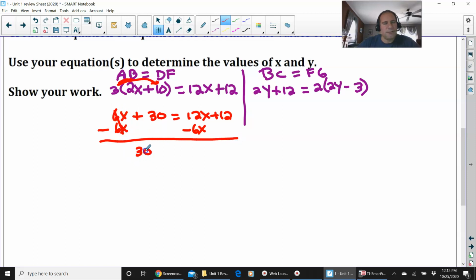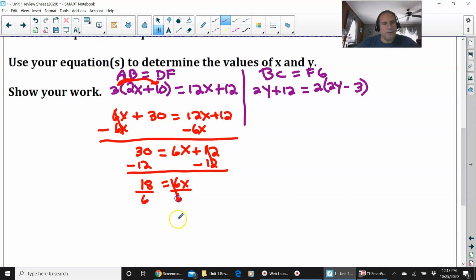You have to get those x's together, and you did, because they're on opposite sides using inverse operations. 30 equals 6x plus 12. Again, now you have to get the x alone, so you're subtracting 12 on both sides, and you do have 18 equals 6x. You divide by 6 on both sides, and hopefully you did get 3.